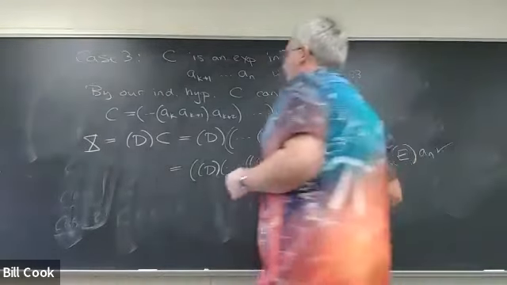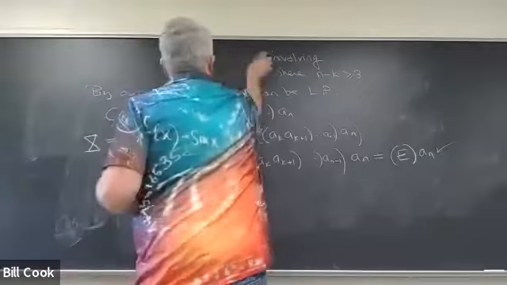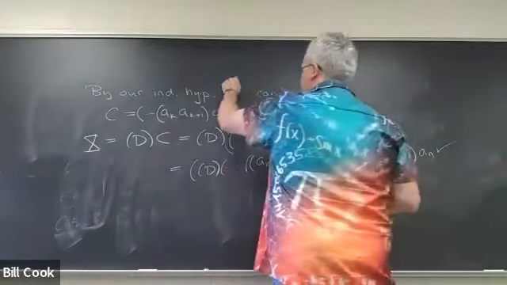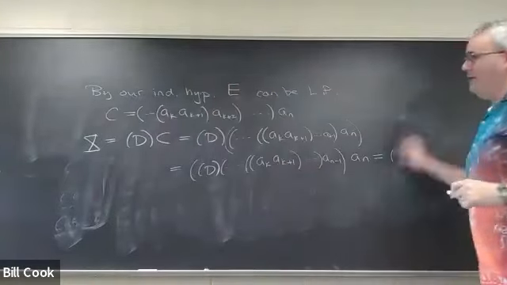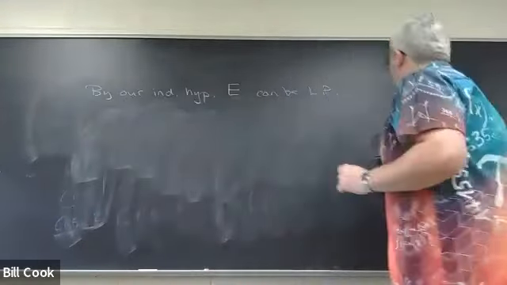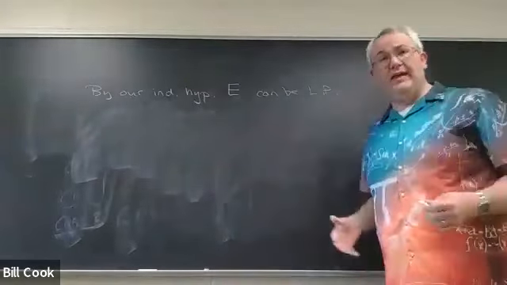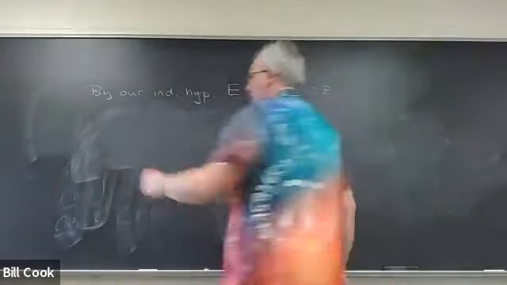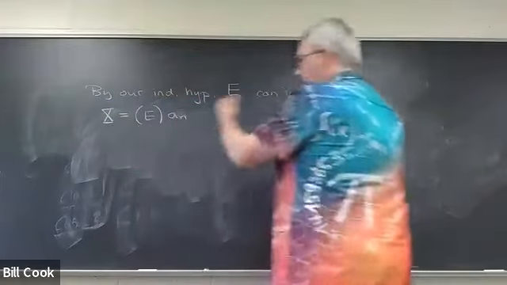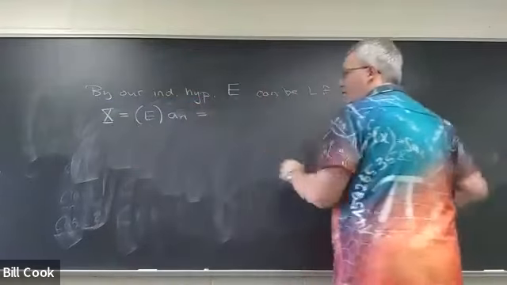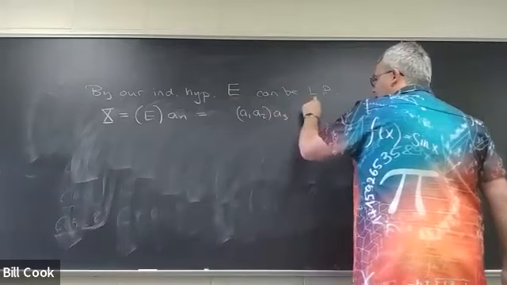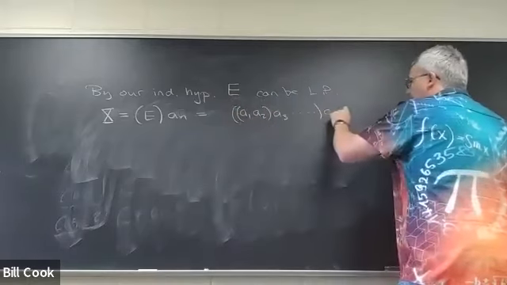Well then, we call on our inductive hypothesis. Once again, by our inductive hypothesis, E can be left parenthesized, because E has n minus 1 symbols in it. That's shorter than n, so our inductive hypothesis can be applied to that. And so we have that X, which was equal to E with a_n tacked on the end, well, E can be left parenthesized. And so it looks like a_1, a_2, a_3, all the way up to a_{n-1}.